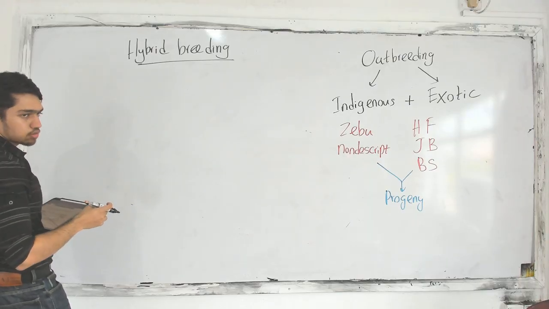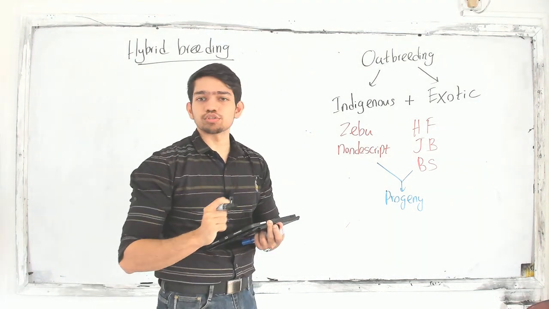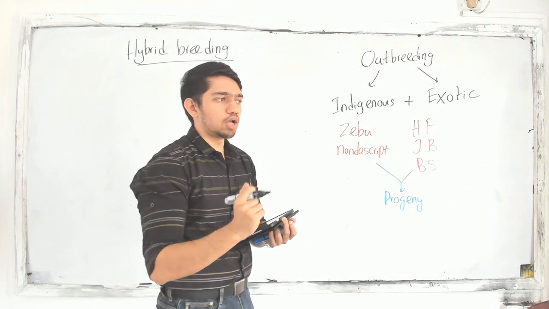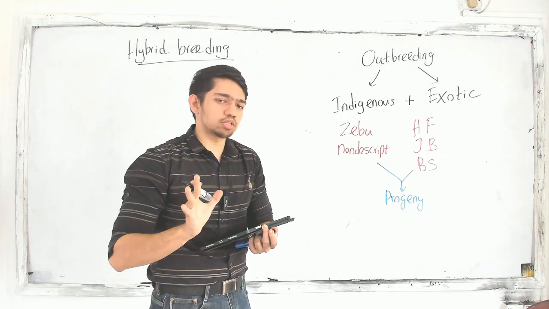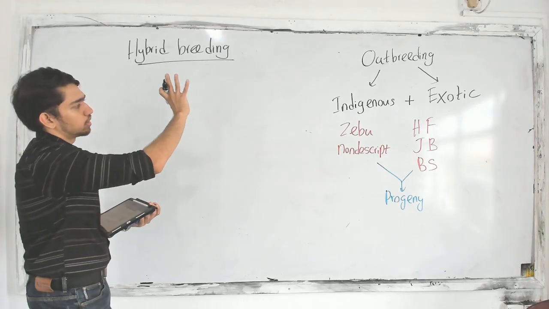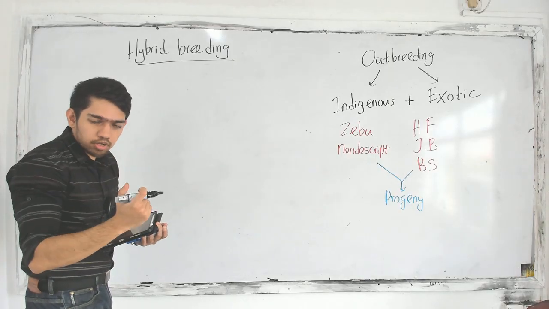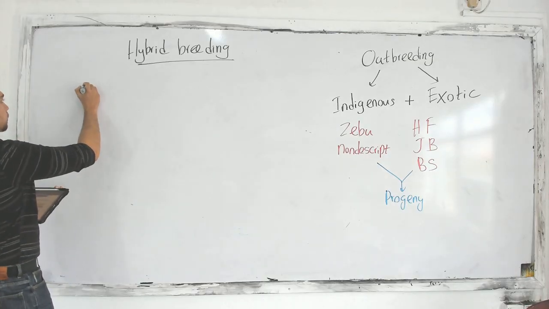To do this, we need some preparation. You can't just suddenly say, I'm going to create a hybrid variety today. You can't do hybrid breeding just as you imagine it. It takes some preparation. What are the things you need to do before you do hybrid breeding?